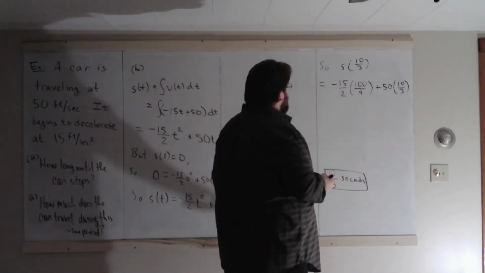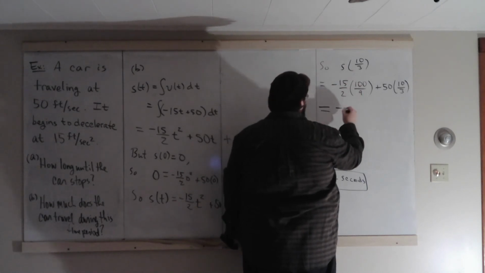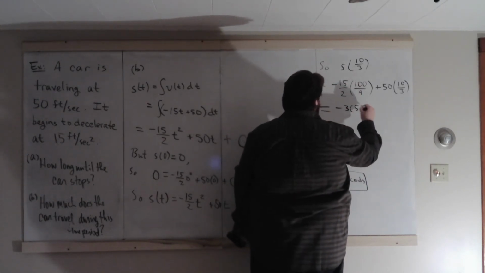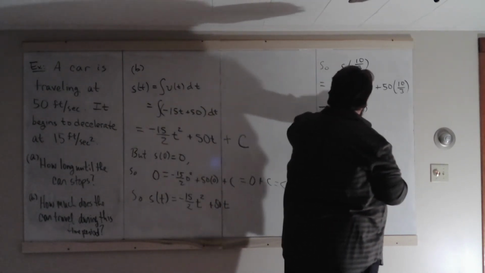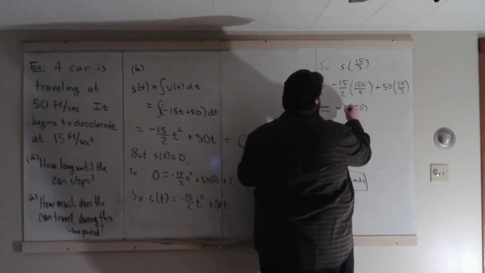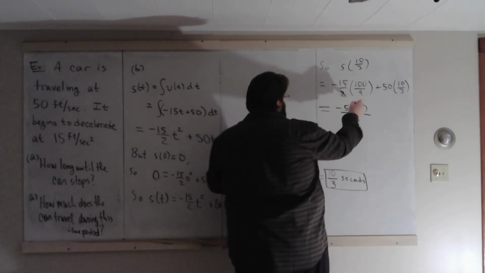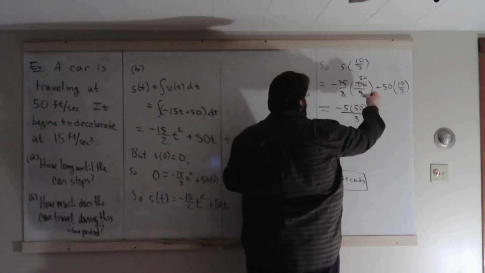This one reduces a little at the beginning. What does that equal? Negative 5 times 50 over 3. To do that, you cancel out the 2 with the 100, you get 50. You cancel out a 15 and a 9, you cancel a 3 from those.